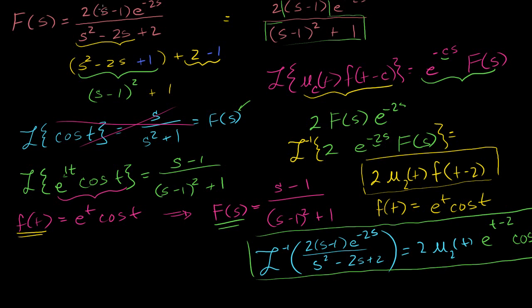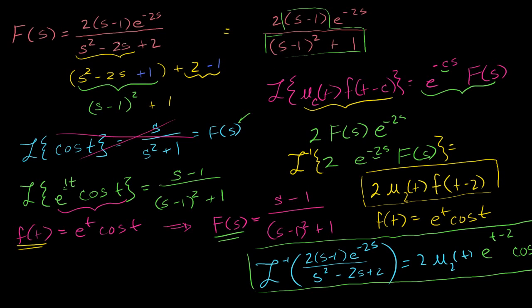We saw this thing. We wanted to get this denominator into some form that is vaguely useful to us. So I completed the square there, and then we rewrote our Laplace transform, our f of s, like this. And then we used a little pattern recognition. We said, look, if I take the Laplace transform of cosine of t, I'd get s over s squared plus 1. But this isn't s over s squared plus 1. It's s minus 1 over s minus 1 squared plus 1.